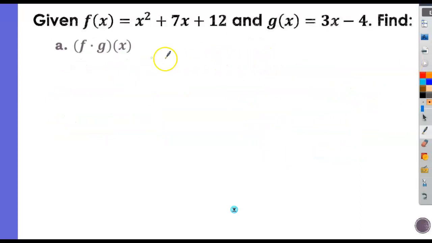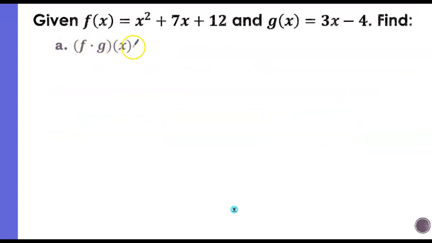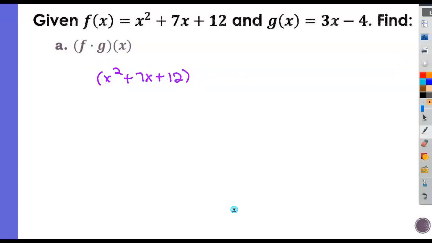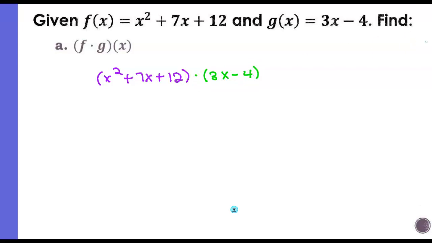Let's practice this one, which is f times g of x, so just multiplication. So I'm going to take f of x, and notice the problem has changed. I'm going to take x squared plus 7x plus 12 and multiply it by 3x minus 4. So here I'm going to distribute x squared.